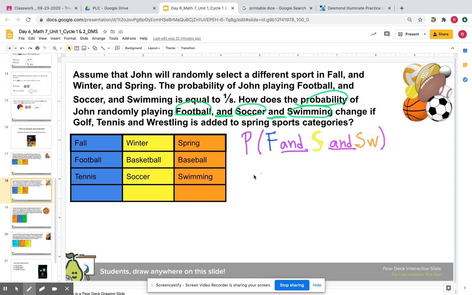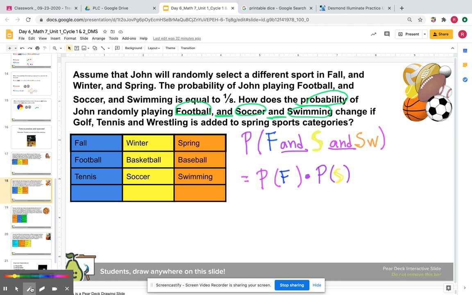But this also represents a different form. It represents the probability of football, playing football, and let me use blue. And the word and, remember what it means? It means multiply. So you're going to put the multiplication symbol. And then we're also looking for the probability of playing soccer in winter. So let me change that to yellow. Let me write the S for soccer.